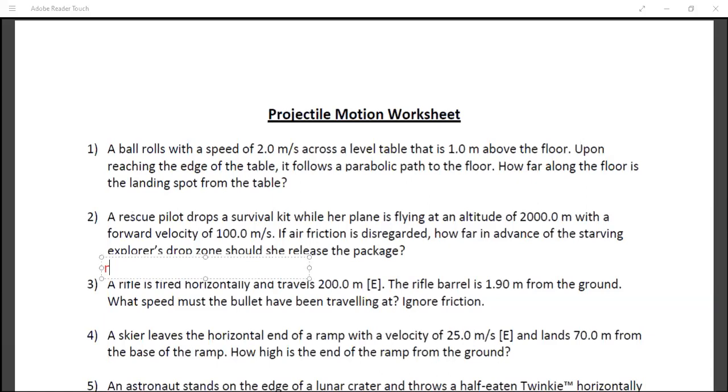Rifle is fired at an angle of 60 degrees with the horizontal.